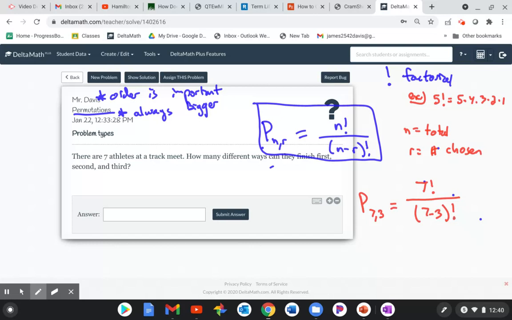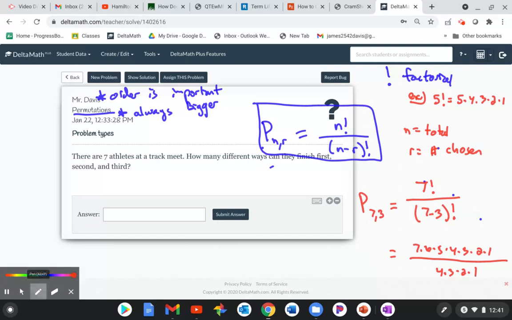If we were to actually solve this, your calculator does have a factorial button on it, an exclamation mark. But if you were to write this out, this would be 7 times 6 times 5 times 4 times 3 times 2 times 1 over, on the bottom, 7 minus 3, so it would be 4 factorial, which is 4 times 3 times 2 times 1.